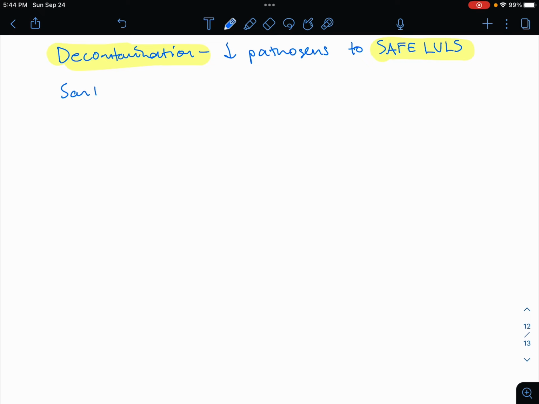Sanitization is when we reduce the pathogens to a significant amount that meets the health standards.